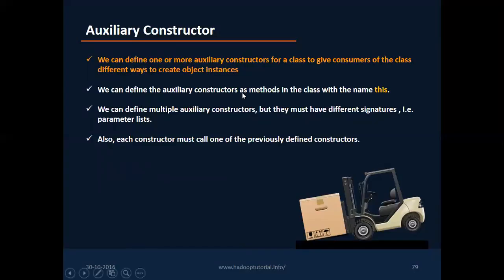We can define the auxiliary constructors as methods in the class with the name this. We can define multiple auxiliary constructors, but they must have different signatures. Meaning, you can have any number of constructors, but each constructor should have a different number of parameters. If they have the same number of parameters, then obviously that will become a duplicate of the same constructor. Also, one more mandatory rule: each constructor must call one of the previously defined constructors.